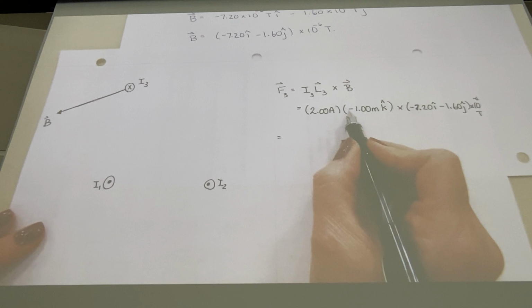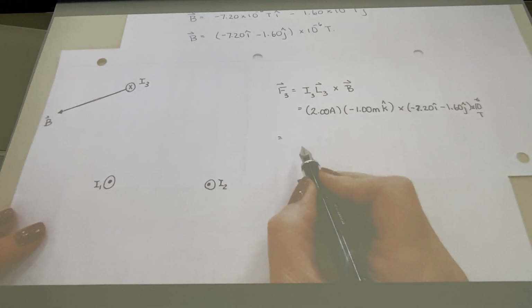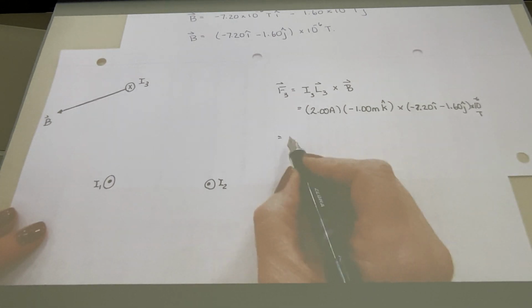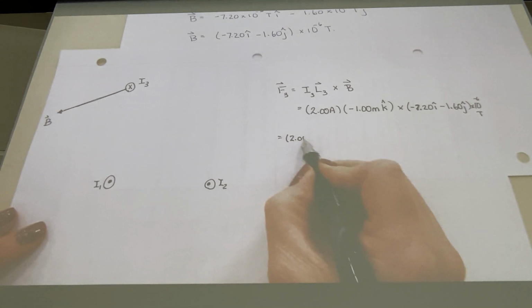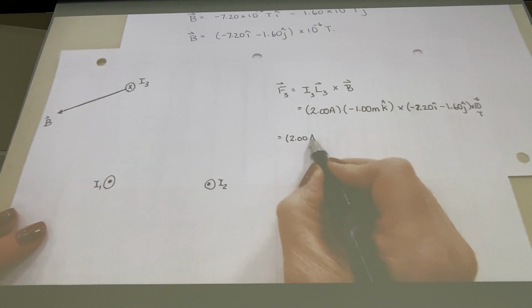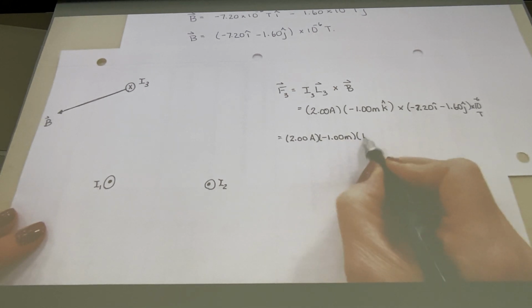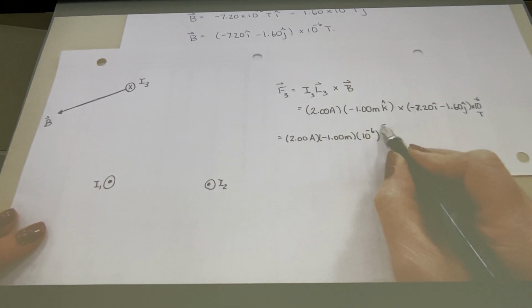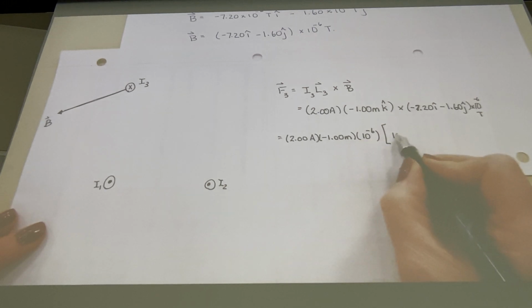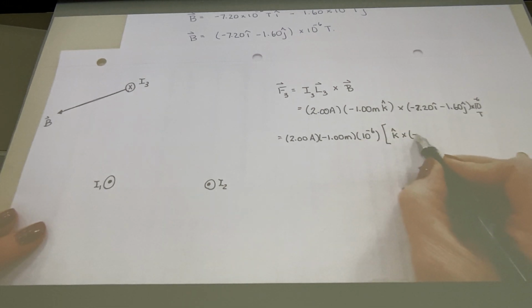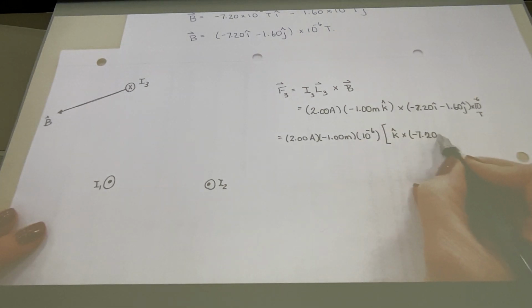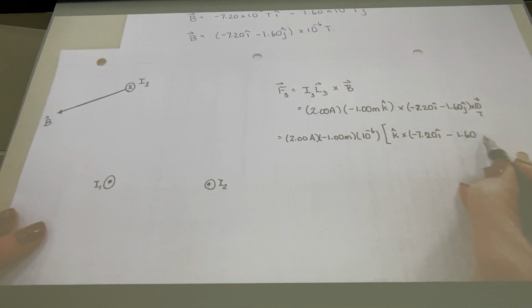So I've got 2 times minus 1 times 10 to the minus 6 outside of K cross minus 7.20 I minus 1.60 J.